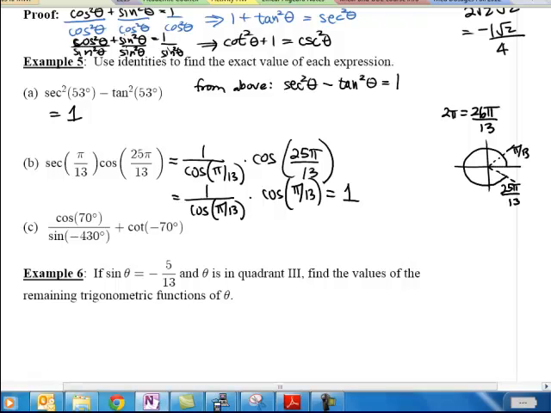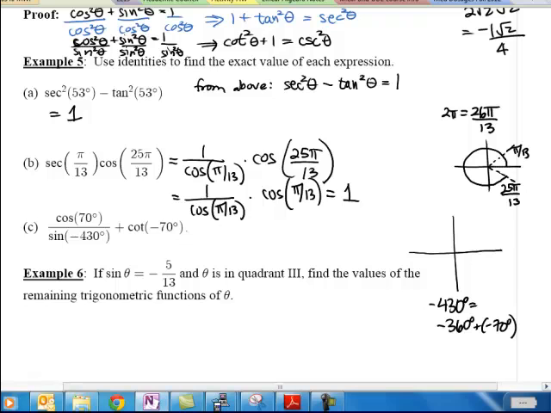Alright, then cosine of 70 degrees divided by sine of negative 430 degrees. Negative 430 degrees we want to think about. That would be negative 360 plus negative 70, right?